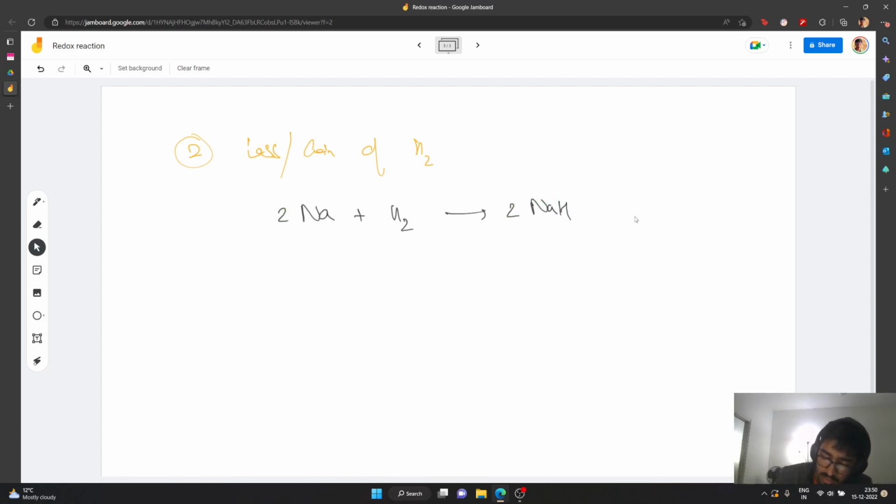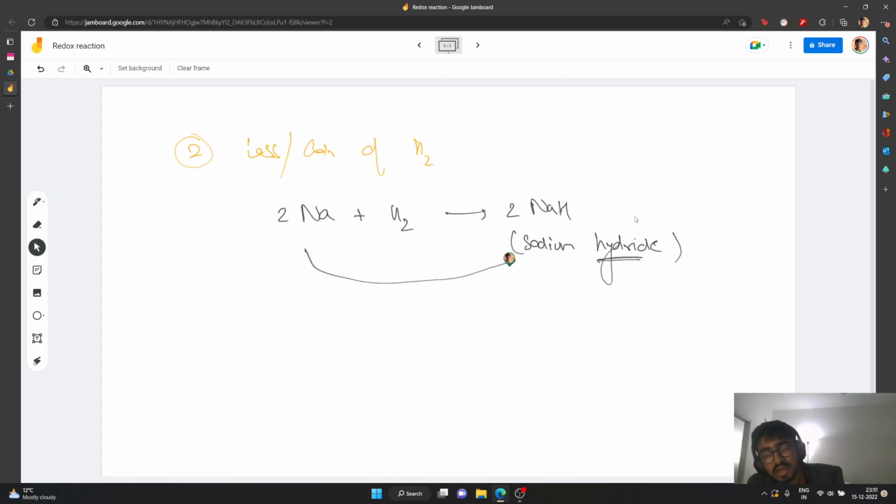So we can call them hydride formation reactions. Even though it is gaining hydrogen, we will just say that this is reduction, broadly.